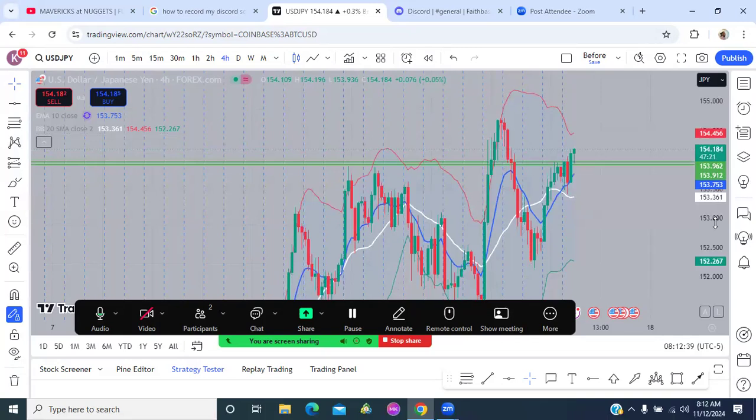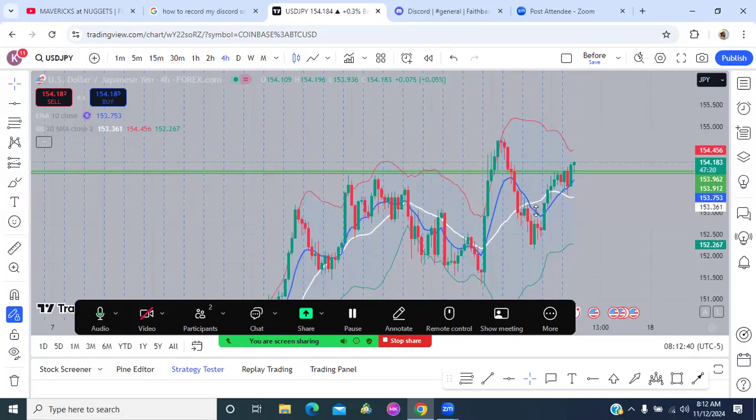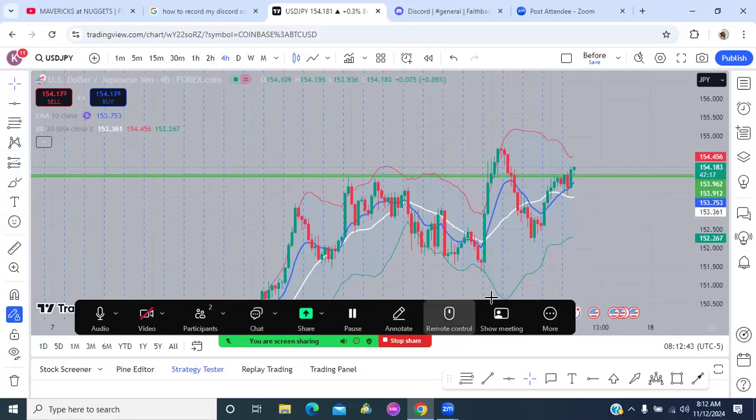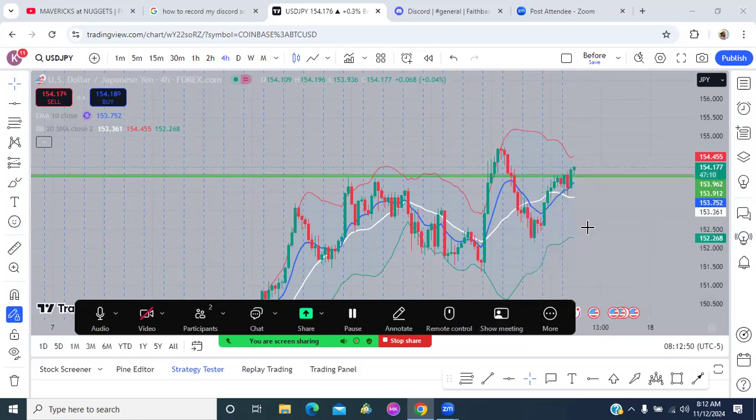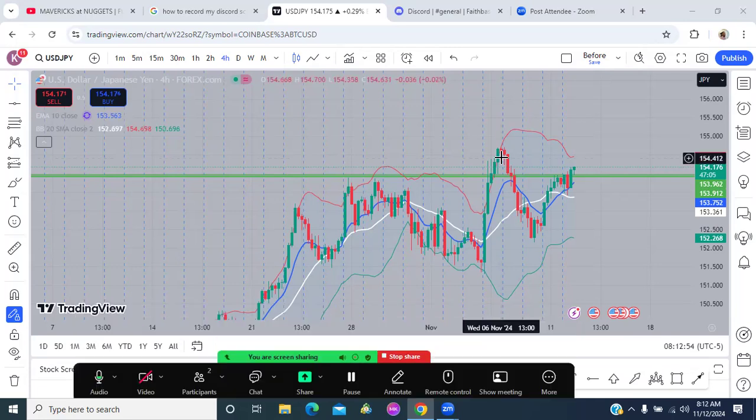So let's take a look at the chart, right? Wait, move this thing right here. All right. So when we look right here, you see how this was Wednesday, November 6th, right? Look how each of these bars represent 4 hours, right?